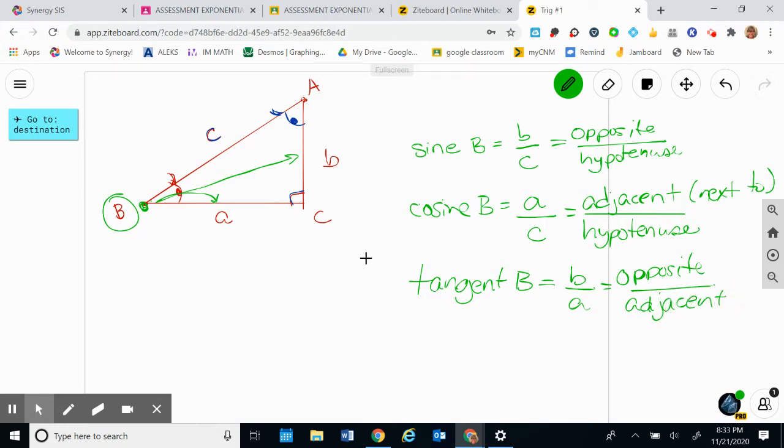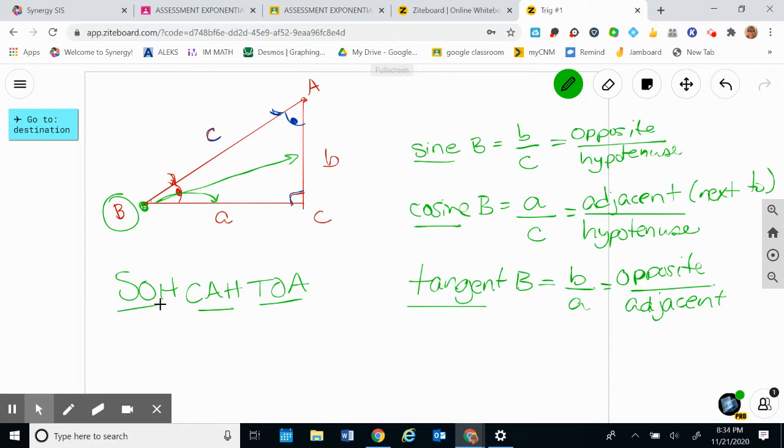In other words, the tangent is B over A. Okay? So these three ratios were the first basic ones that we're going to be talking about: sine, cosine, and tangent. And if you've ever heard SOHCAHTOA, this is how you spell it, SOHCAHTOA.